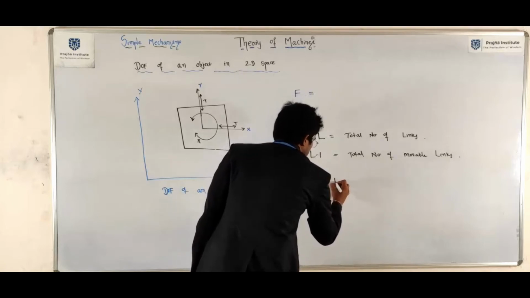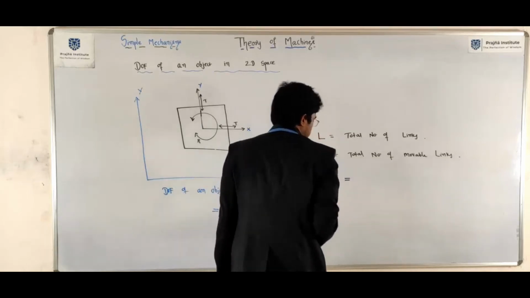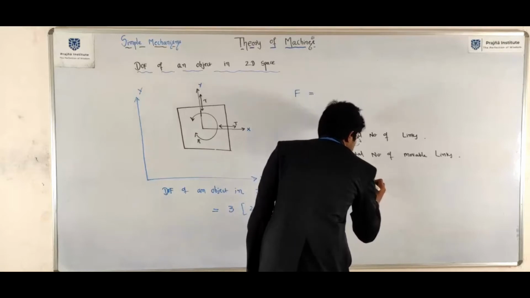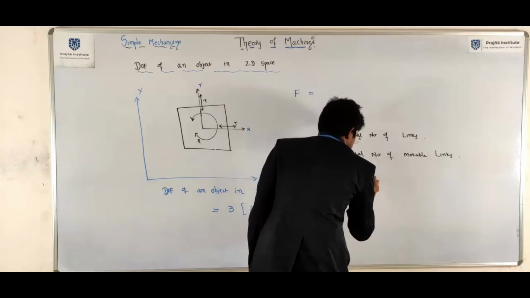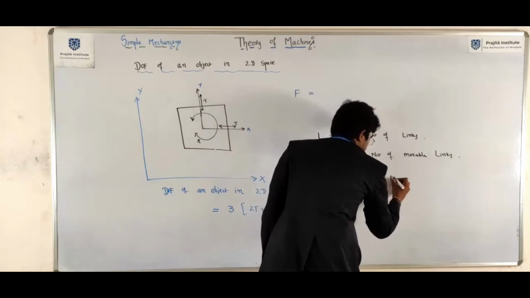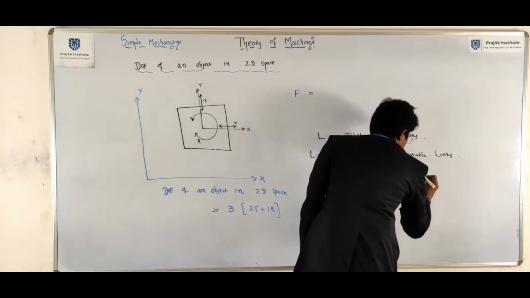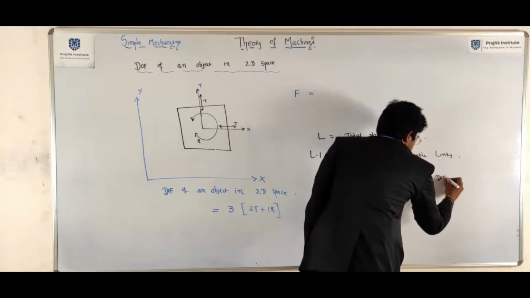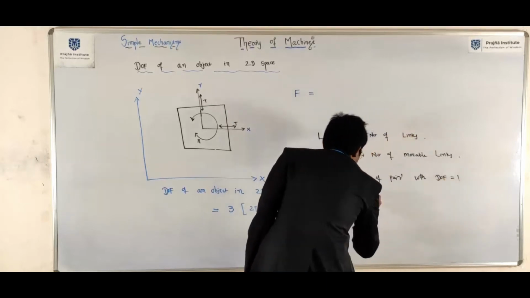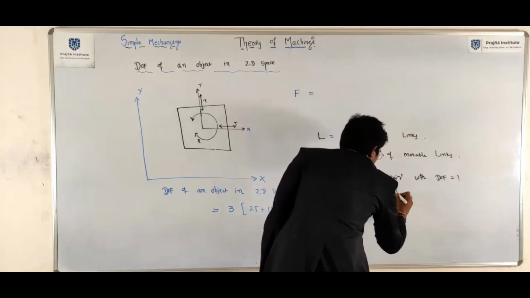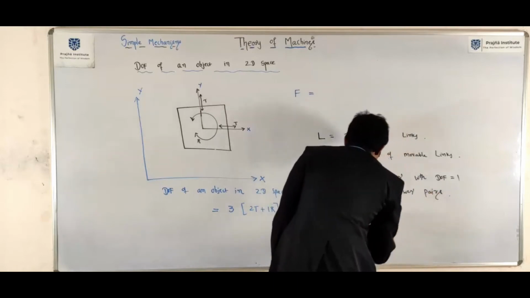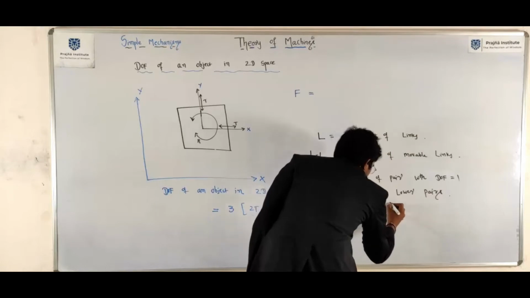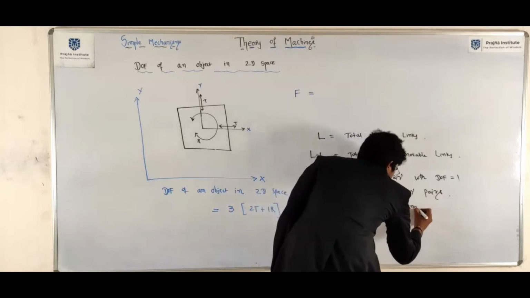Here P1 is equal to J, the number of pairs with degree of freedom 1, or else the number of lower pairs, the number of binary joints.